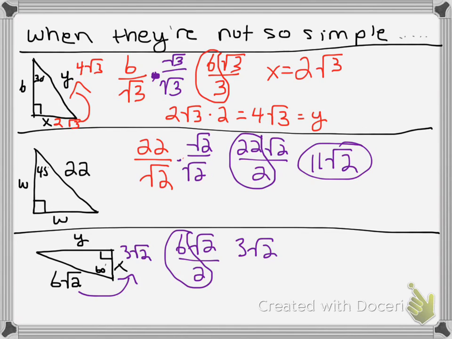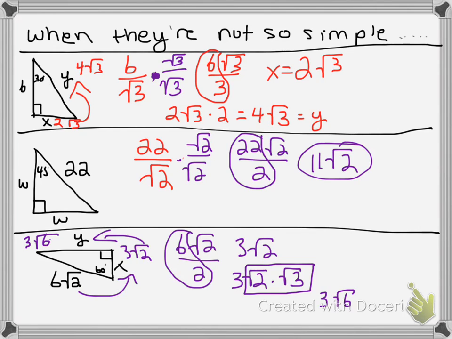Now we have to multiply times the square root of 3 in order to go up to the long leg. So we do 3 square root 2 times the square root of 3. You multiply the two square roots to give you 3 square root 6. We can't simplify the square root of the 6, so your answer is 3 square root 6. And that's it.